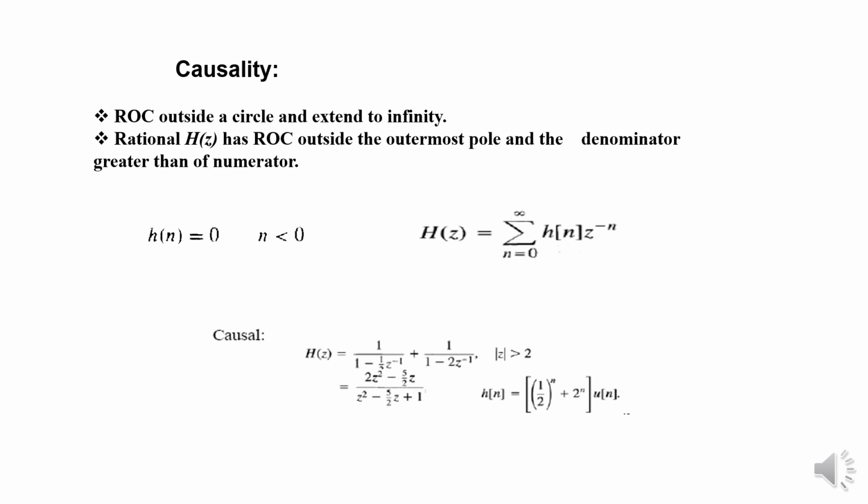Then H(z) has ROC outside the outermost pole, and the denominator degree is greater than the numerator.